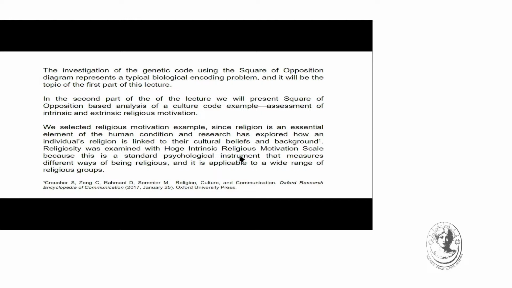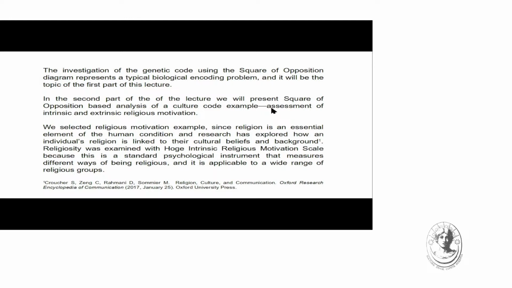From the standpoint of the genetic code, the investigation of square opposition represents a solution to some biological encoding problem, and it will be the first part. In the second part, we will present the square of opposition based analysis of a culture code, basically assessment of intrinsic and extrinsic religious motivation.